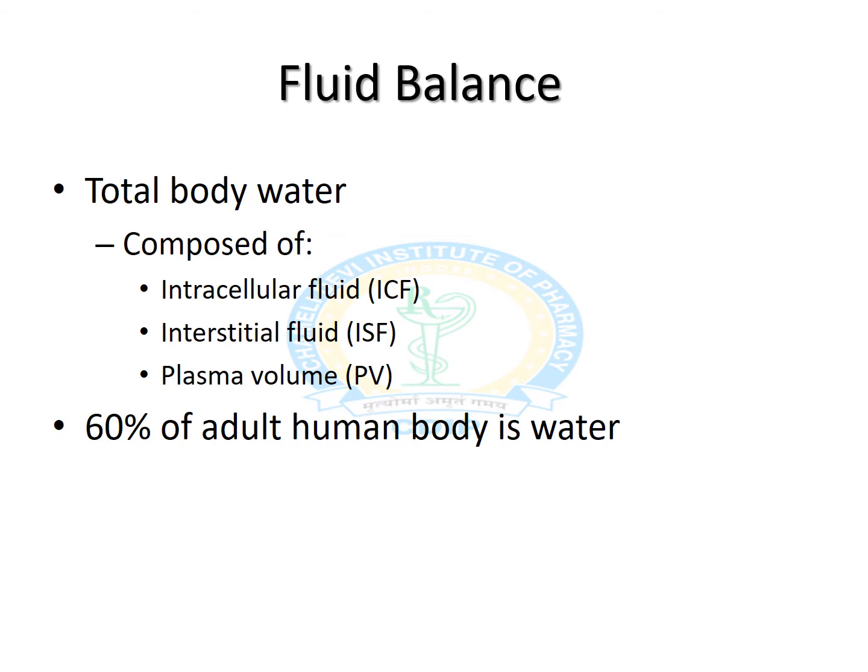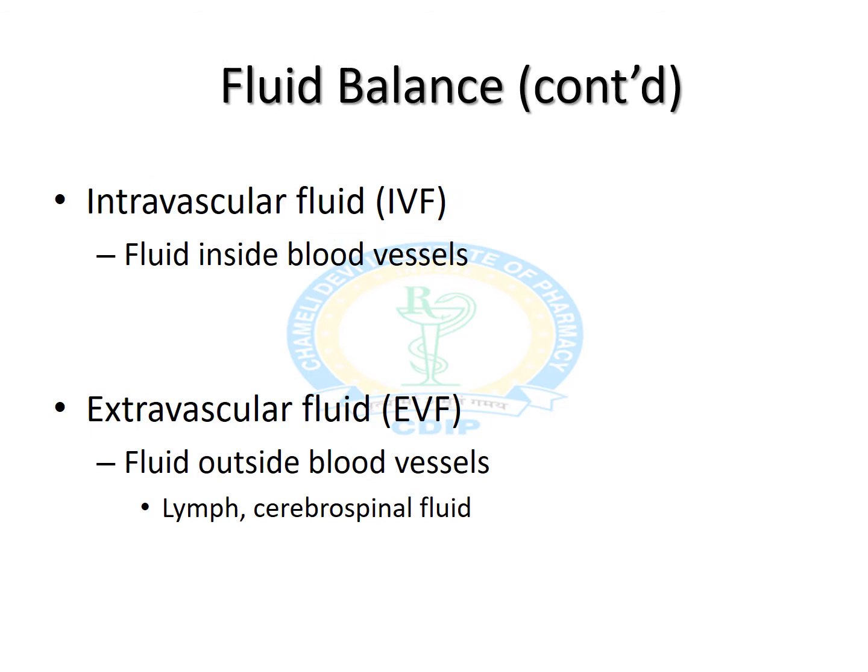Our total body is comprised of intracellular fluid, interstitial fluid, and plasma volume, out of which 60% of the human body is water. Intravascular fluid is the fluid which is inside the blood vessels, and extravascular fluid is outside the blood vessels, like lymph and cerebrospinal fluid.